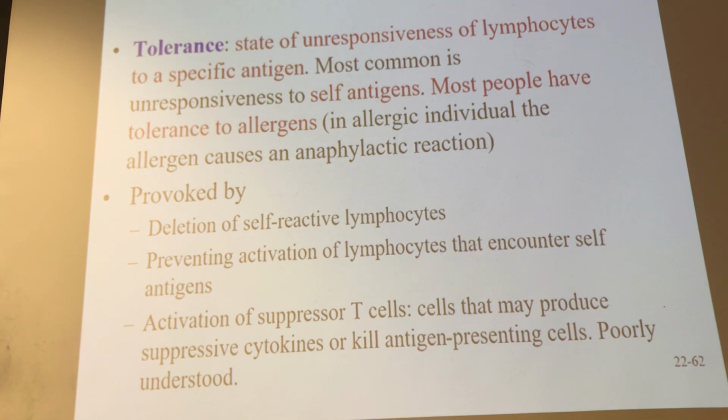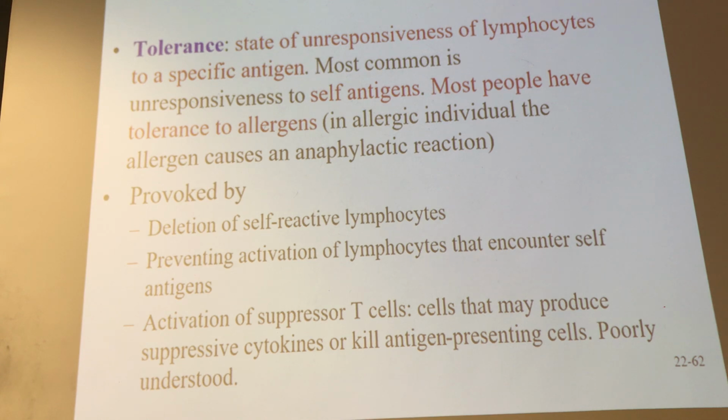Most of us have some kind of tolerance to allergens: dust, pollen, peanut oil, peanut proteins, right? So those are all allergens. We should not have a response to that. But a lot of people are starting to get huge responses to those allergens, anaphylactic reactions as well. And it's due to this decreased state of tolerance that we get.